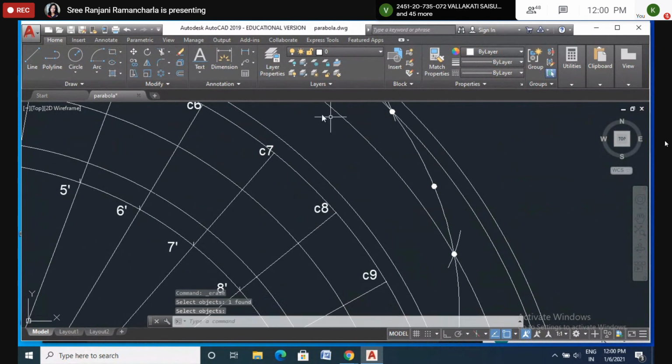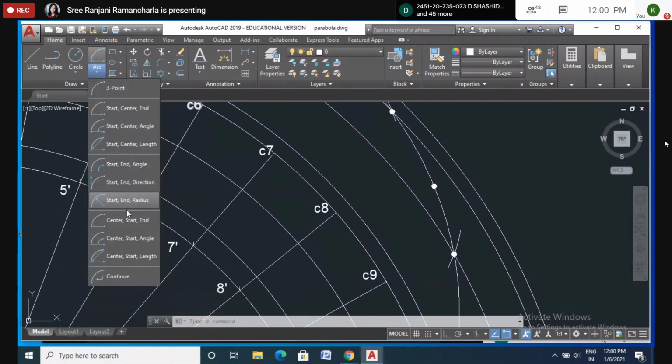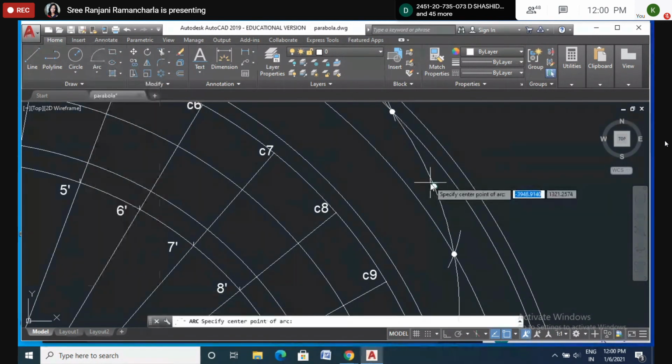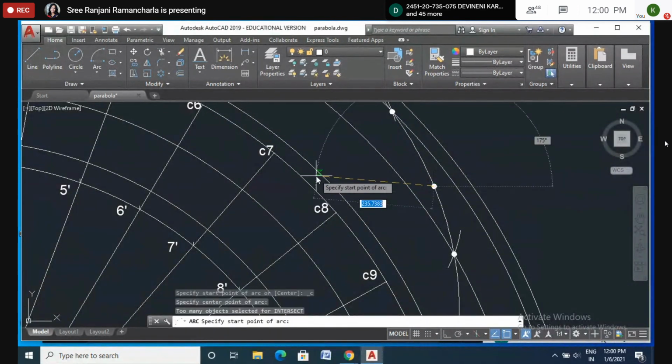Now from here take 2.5 centimeters and cut the center line. 2.5 centimeters, cut the center line. This is center. This is anti-clockwise it will go. So I will put my cursor here. So 2.5 I will take 250. Enter.